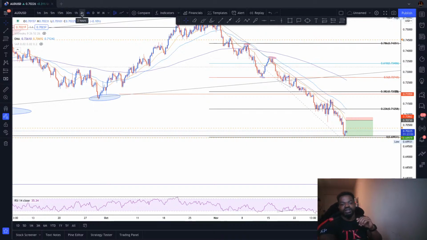Because overall, AUD USD still looks pretty bearish. Yeah, so it looks like we're still pretty bearish on this pair.